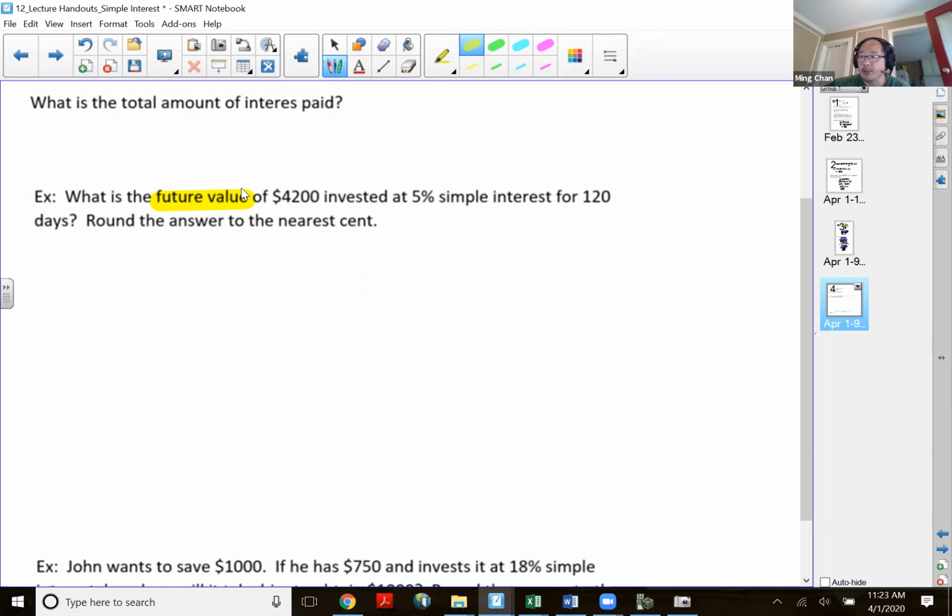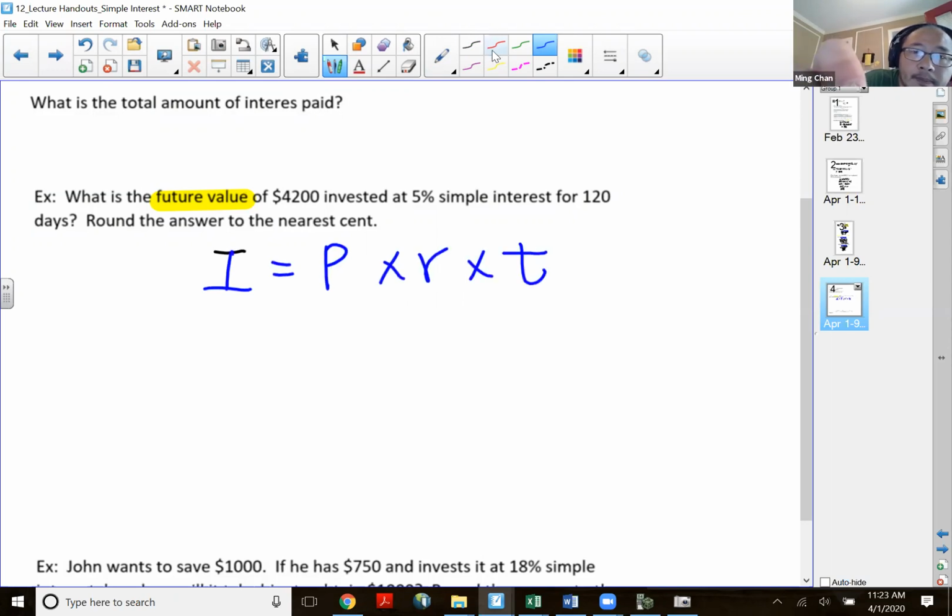So how much money should be in my account when I invest $4,200 at 5% simple interest for 120 days? Before we can find the future value, I'm going to use my simple interest formula: I equals principal times rate times time. I wonder how much interest I will earn first. Then I can figure out how much money will be in my account.